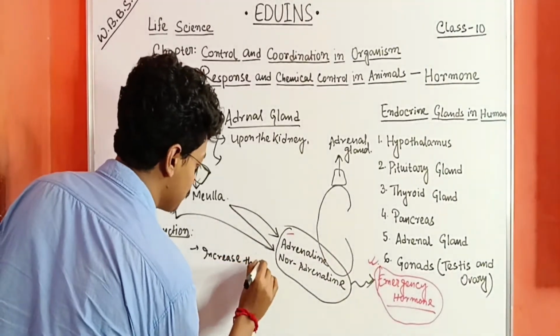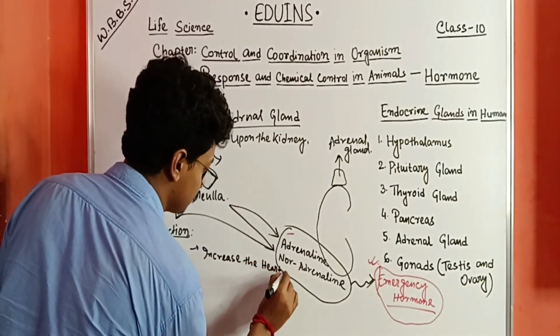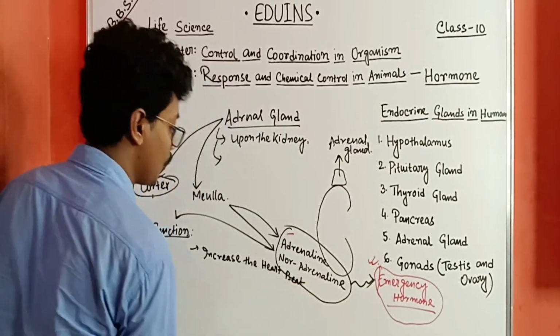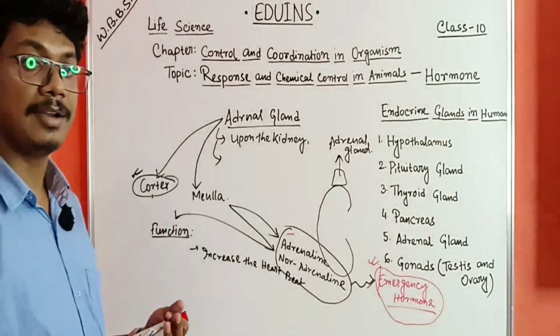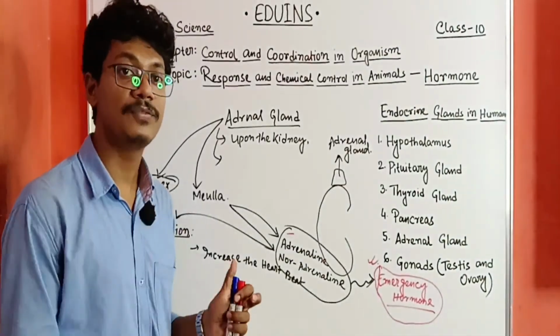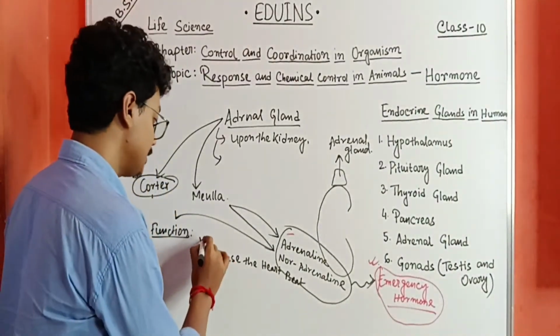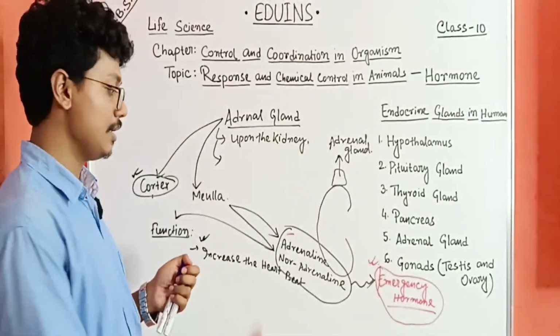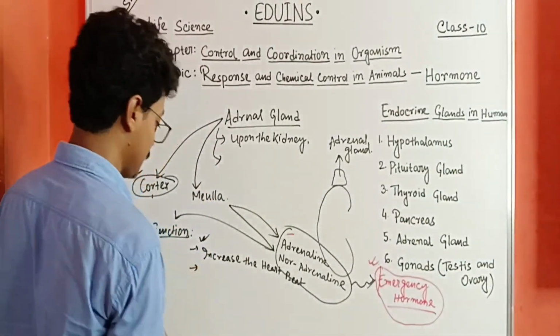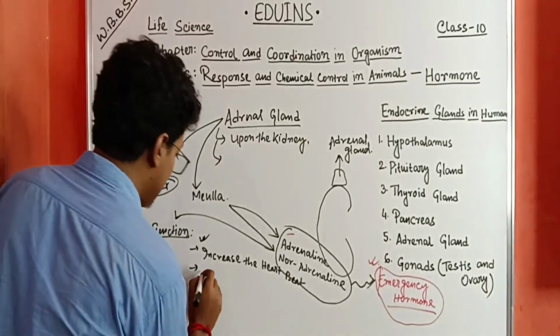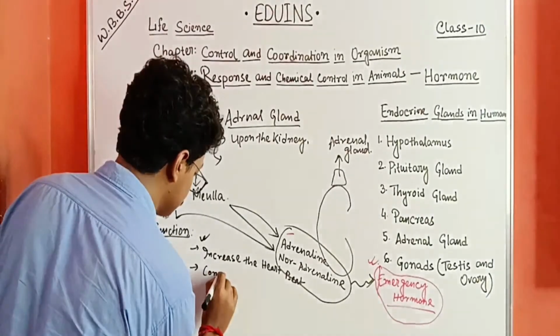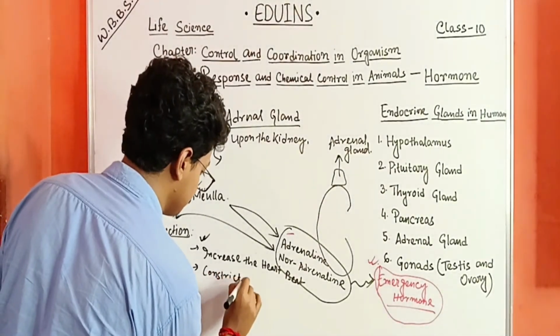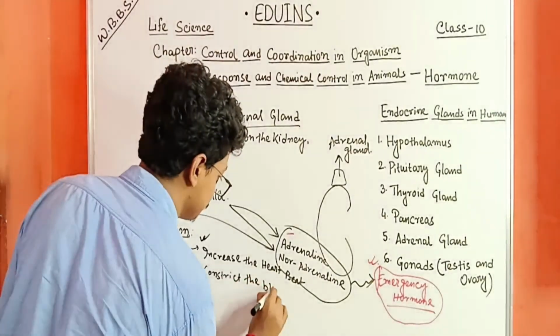Number 1, they increase the heartbeat. Why? Because by increasing the heartbeat, the blood flow increases, so that more ATP, more energy, can be produced. Number 2, they constrict the blood vessels.